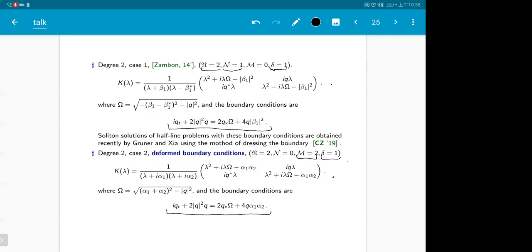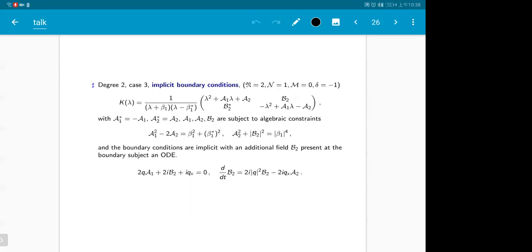The first one was actually obtained by Zambon in 2014, and the second looks quite similar to the first one, but they cannot be mapped to each other. These two boundary conditions belong to different sets of parameterization.